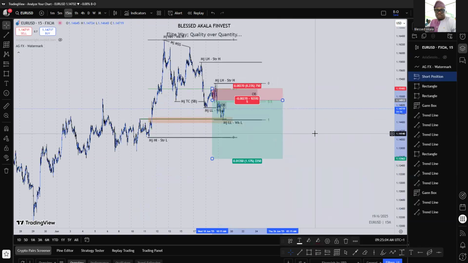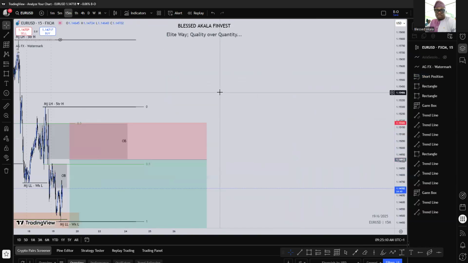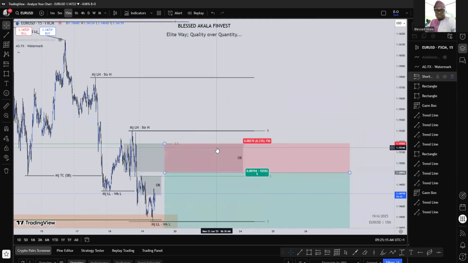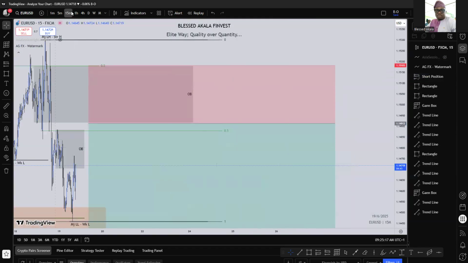Okay. So I would like to be selling from this particular level here. So wherever makes us break above this strong high, then automatically we are shifting to buy straight away. Let's go 1 hour to clarify.